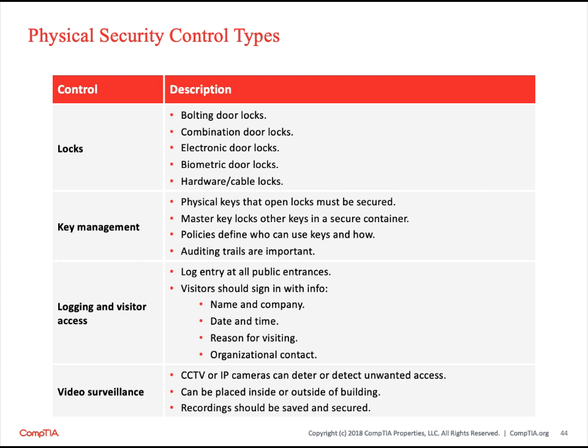So we need to make sure that we are securing those IP cameras for sure, and not only securing them normally, but making sure that we have changed our default passwords, because those are very easily found.